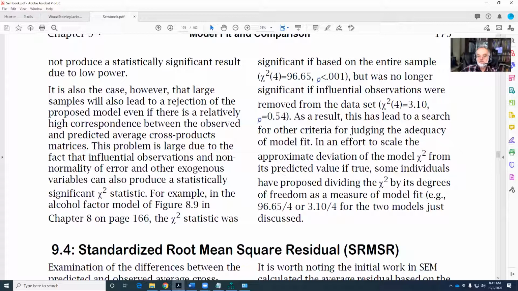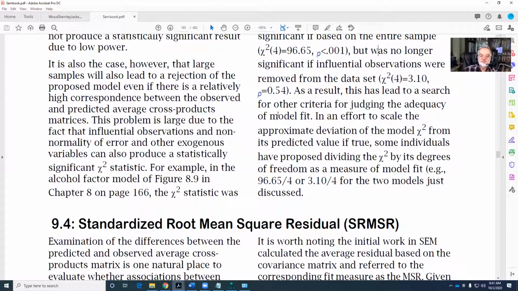And to some extent that might work. The chi-square divided by its degrees of freedom should be a number that approximates 1 if the null hypothesis is true, and it should be some number a lot bigger than 1 if it's not. So in your printouts, you may see chi-square divided by degrees of freedom, and that's what it's doing. That's a general method.